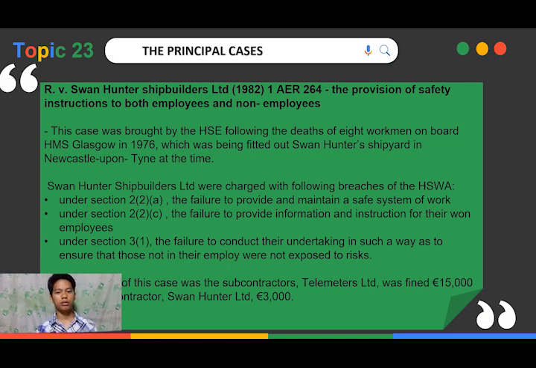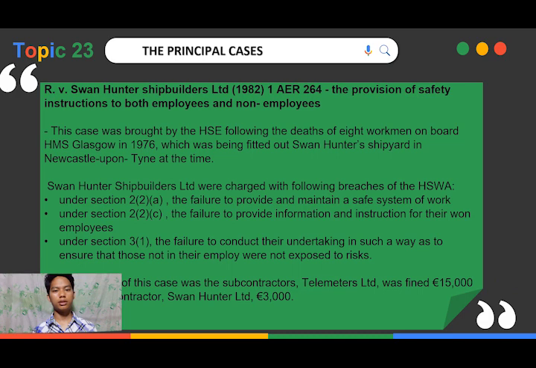So this case was brought by the HSE following the deaths of 8 workmen on board HMS Glasgow in 1976, which was being fitted out at Swan Hunter's shipyard in Newcastle upon Tyne at the time.